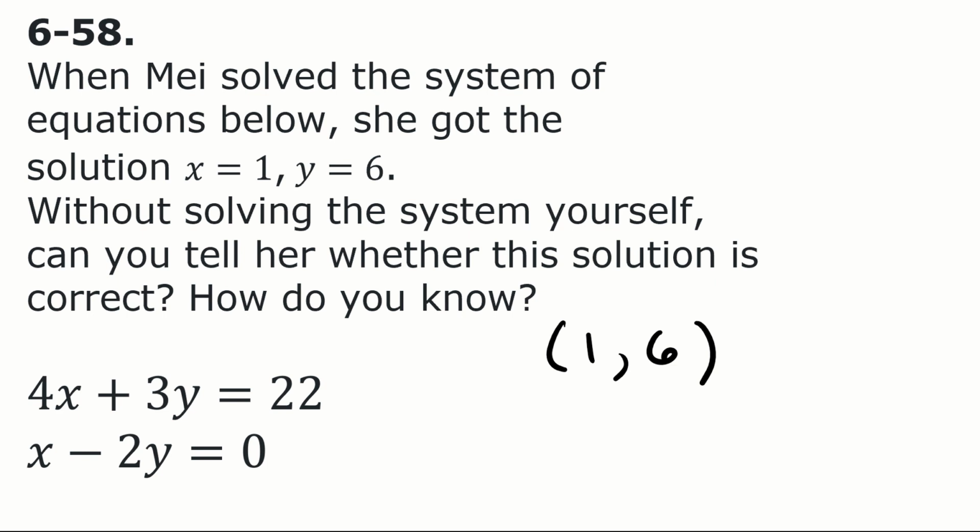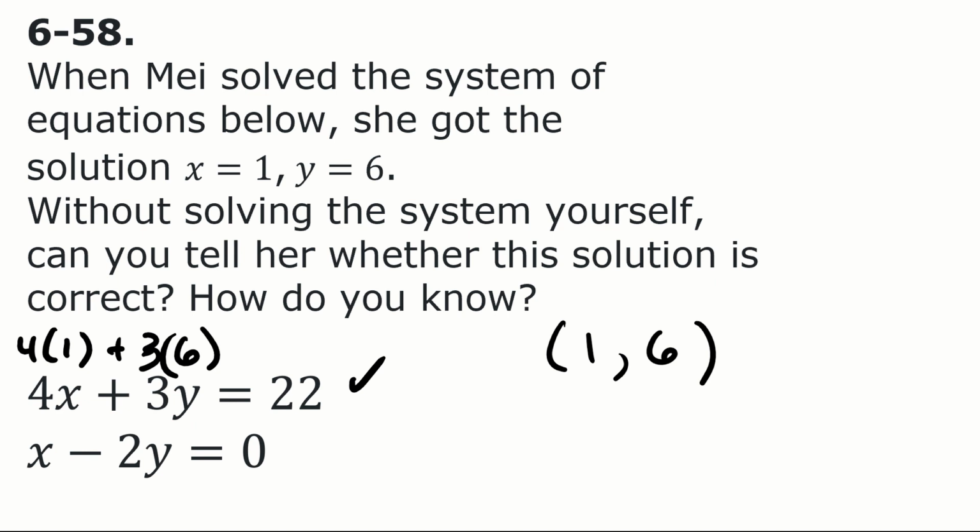If I plug that into the first equation, for x is 1, this is going to become 4 times 1 plus 3 times 6. 3 times 6 is 18, and 18 plus 4 is 22. So this works, right?